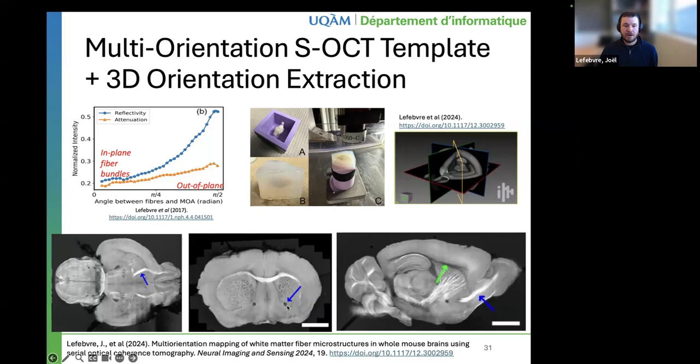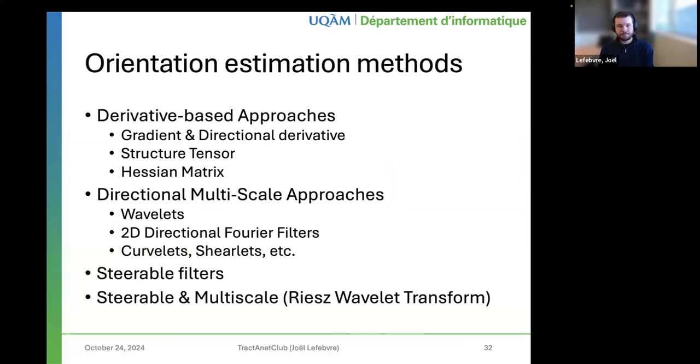If the fibers are aligned with the laser, they will appear dark. If they are orthogonal to the laser, they will appear bright. So if you control the slicing orientation, you will have high resolution information about the inclination of the fibers. If you combine that with a method that extracts the in-plane orientation, we get a full 3D view of the orientation of the fibers. And then we can use that to do tractography in those brains.